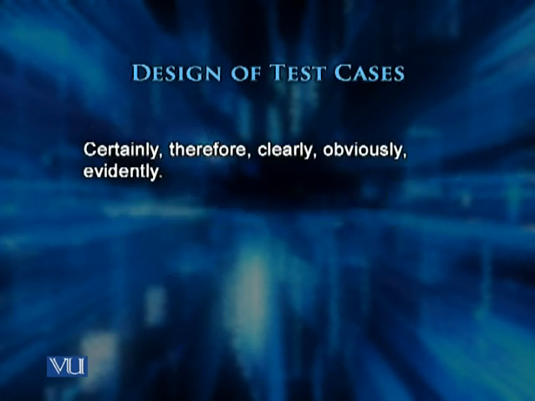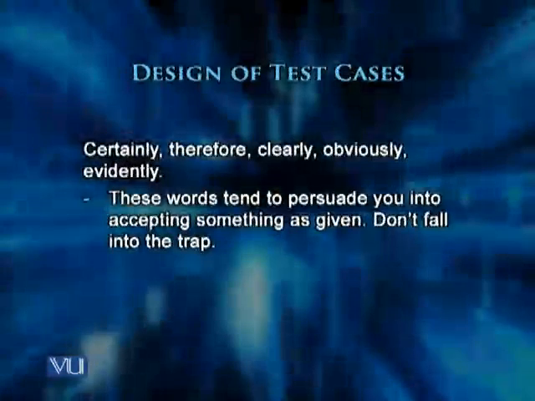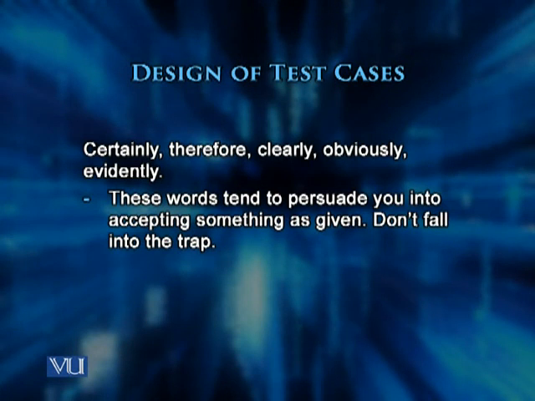The second set of words or phrases is certainly, therefore, clearly, obviously, and evidently. These words tend to persuade you into accepting something as given. When you are trying to generate good test cases, don't fall into this trap until you have investigated exactly what these words or phrases mean.